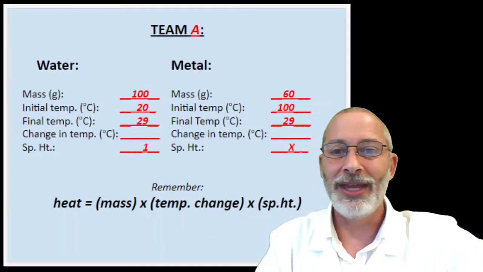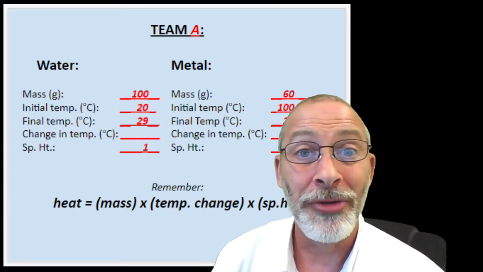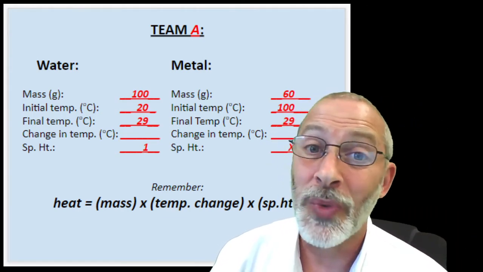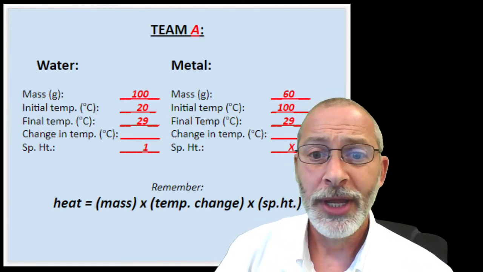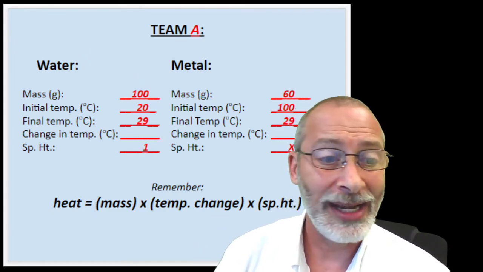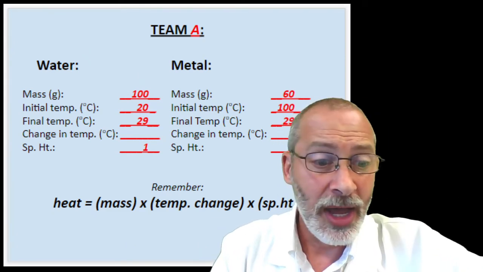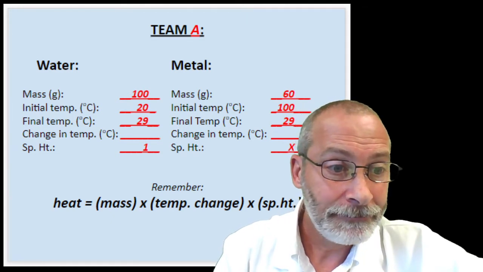So Team A, here's what we should have gotten. The mass of the water is 100 grams. It's the same as 100 milliliters. The initial temperature was 20. The final temperature, 29. The specific heat of the water is 1.